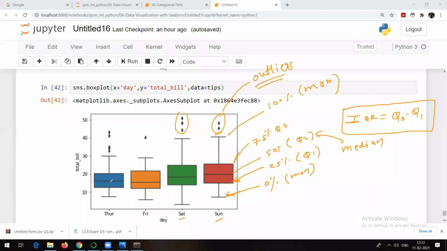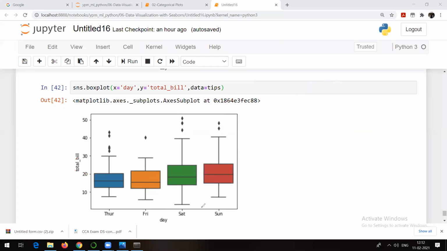Just remember this is the meaning of the box and whisker plot. So what can you interpret from this? You can interpret a lot of things. For example, most of the people prefer Sunday and Saturday. You can see the maximum total bill is generated on Sunday and Saturday only, and this range is larger. Fewer people prefer visiting the restaurant on weekdays.